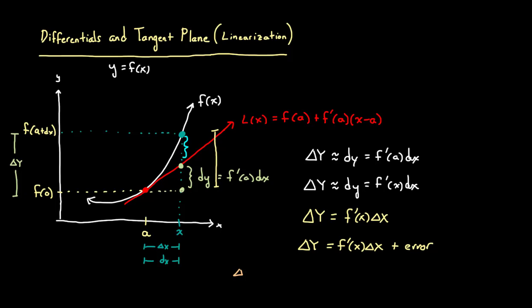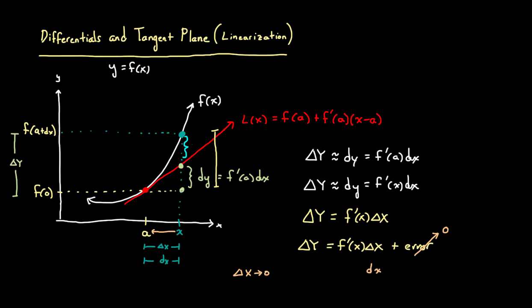So now the idea here is that when delta x is approaching 0, then we give it the connotation of dx, and let's see if we can visualize that. Take x and go closer to a, or in other words, collapse delta x to be very, very small. Then you can see that delta x can be written as dx, and it also tells us that the error goes away.